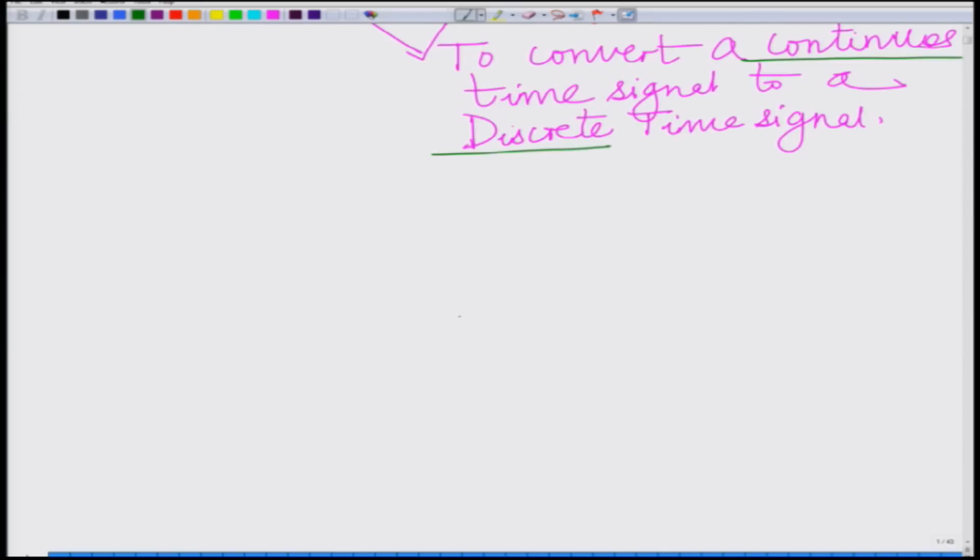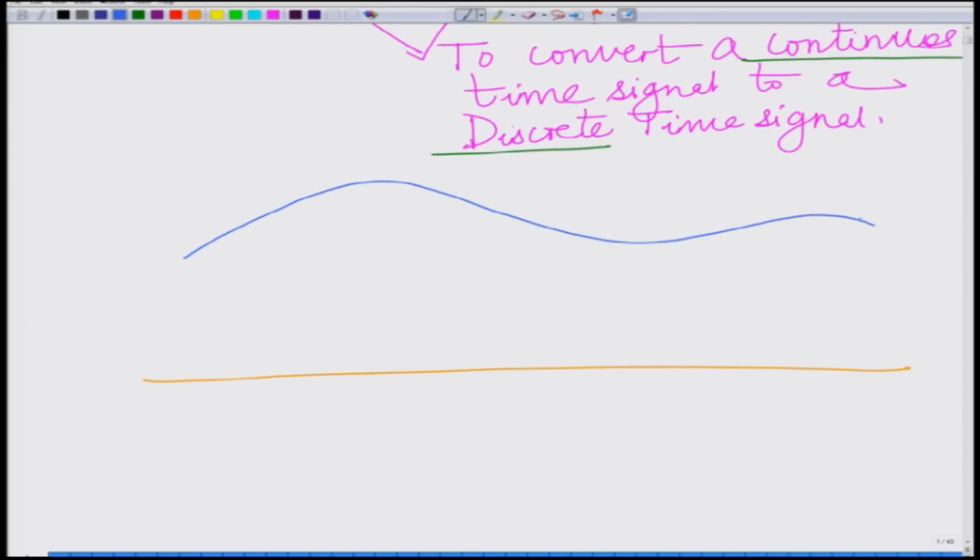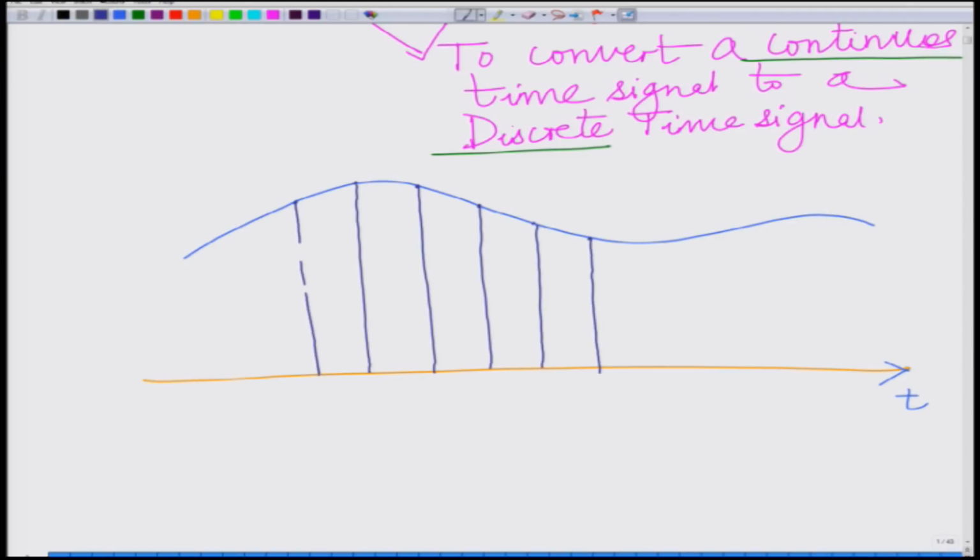For instance, let us say we have our signal, let us draw a simple signal here to illustrate this point. So, we have this signal, which is a continuous time signal. Now, I want to sample it at certain specific discrete time instances, which are also known as the sampling instances.